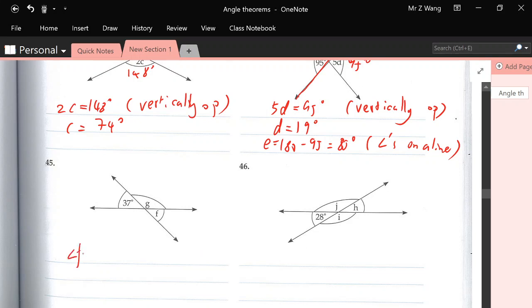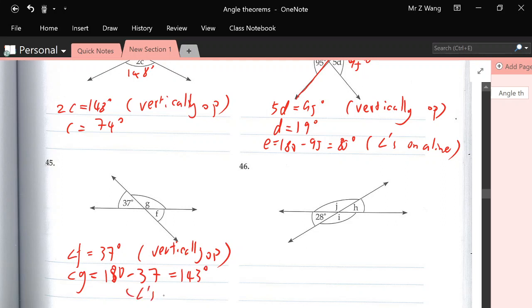So angle F is 37 degrees, vertically opposite, right? And angle G is 180 minus 37, which is 143 degrees. Angles on a line.